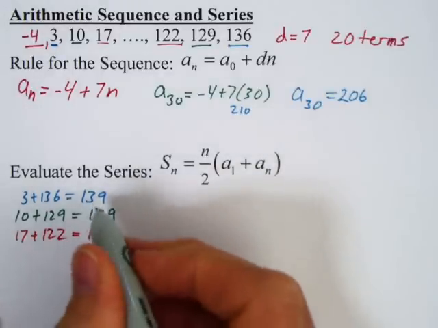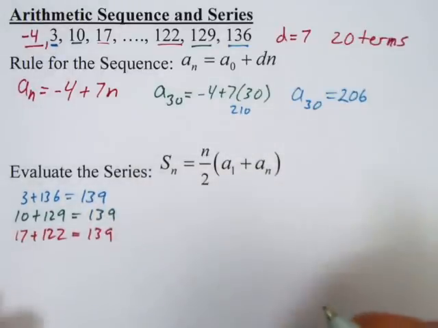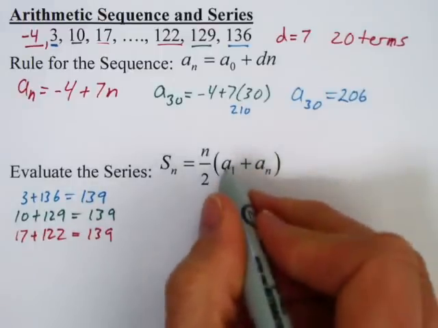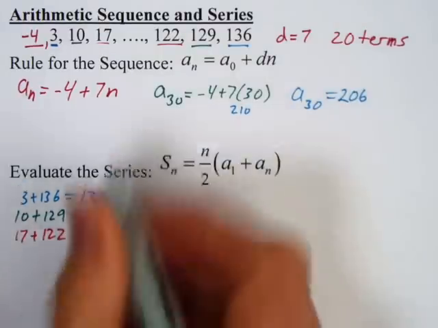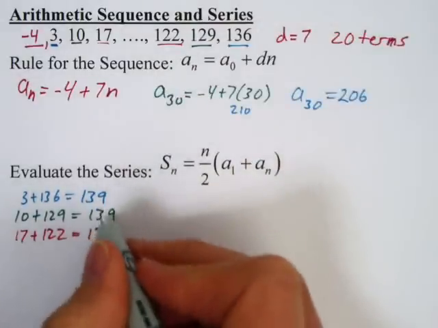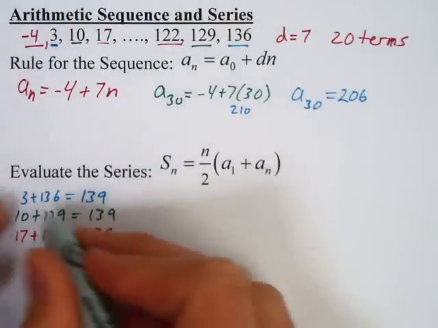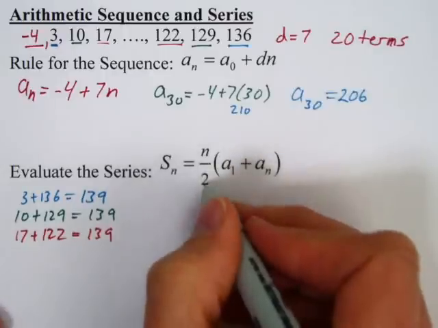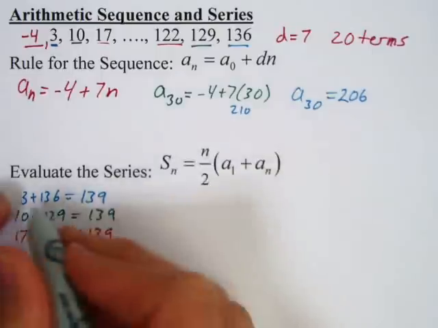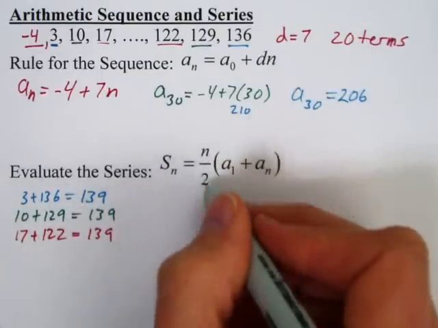So every time I add the first and the last, do you see a pattern? If this is 20 terms, aren't I adding 139 10 times because I'm grouping them in pairs? Wouldn't that be half the number of terms? If this is 20, doesn't half be 10 because we're pairing? So don't you basically halve the number of terms and add the front and the back?